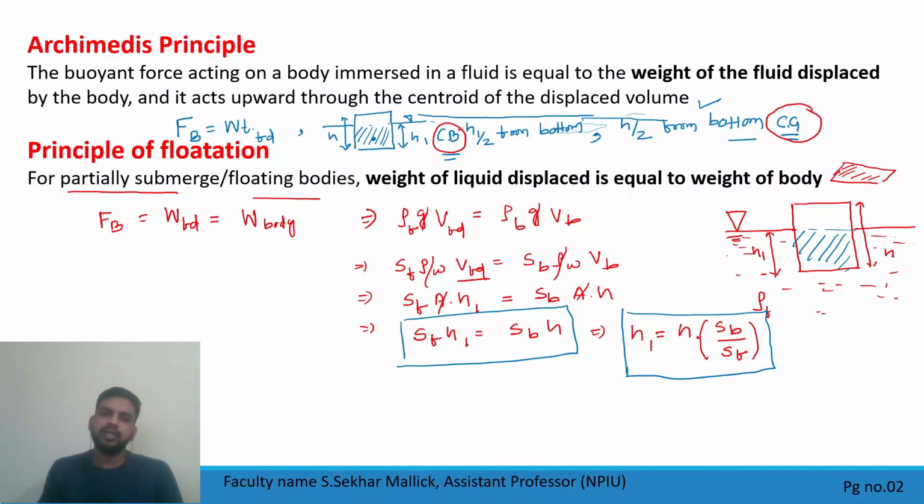If body specific gravity or density is more than fluid specific gravity or density, then it will sink. That's why for floating, specific gravity of body must be less than specific gravity of fluid. Okay, so in the next slide we can solve few numericals based on this principle of flotation and buoyancy.